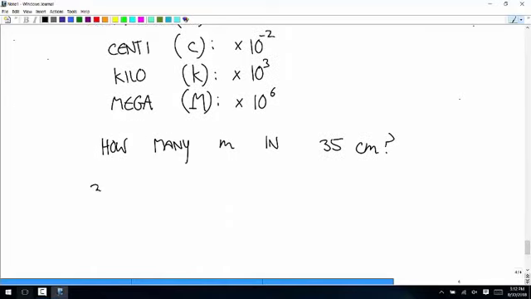You can just start with that value, 35, and replace the prefix with the number it's associated with. So 35 times 10 to the minus 2 meters. And that's the end of it, you multiply that out. This is sort of somewhere in between scientific notation and standard notation. So really you should get it in standard or scientific, but this is equal to 0.35. Your calculator will do that for you, 0.35 meters.